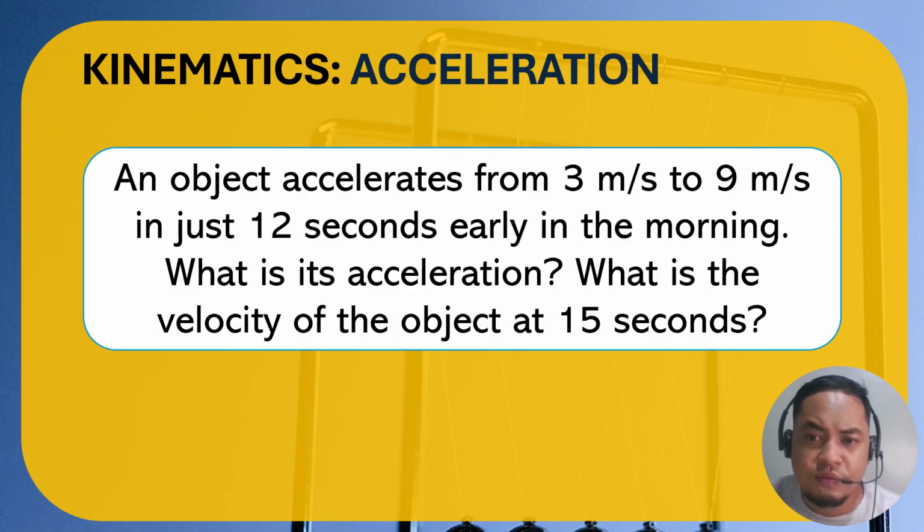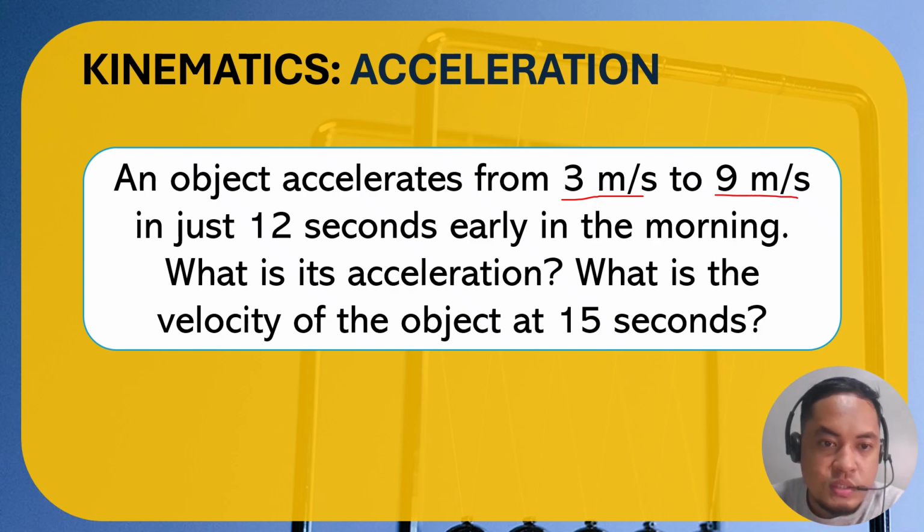An object accelerates from 3 meters per second to 9 meters per second in just 12 seconds. So what is the acceleration? What is the velocity of the object at 15 seconds? So we have 3 as our initial, 9 is our final, and it's in just 12 seconds. That's the time recorded.